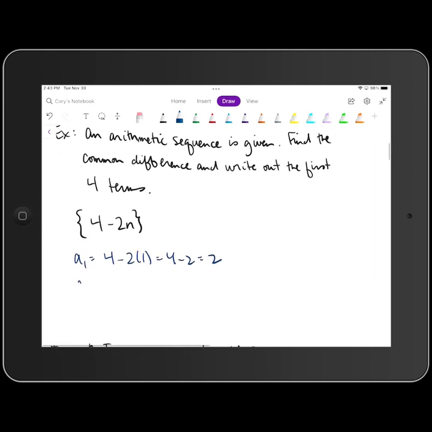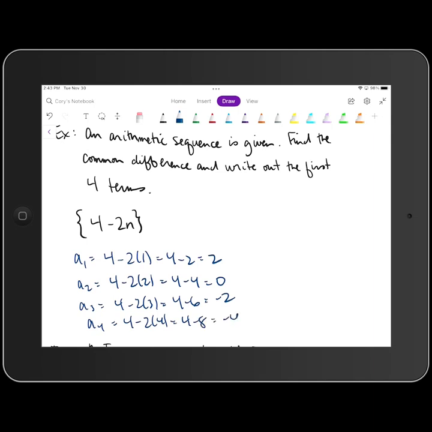The second term, a sub 2, will be 4 minus 2 times 2, which is going to be 4 minus 4. So the second term is 0. The third term, a sub 3, will be 4 minus 2 times 3, which is 4 minus 6, which is negative 2. And then the fourth term, a sub 4, is 4 minus 2 times 4, which is 4 minus 8, which is negative 4.